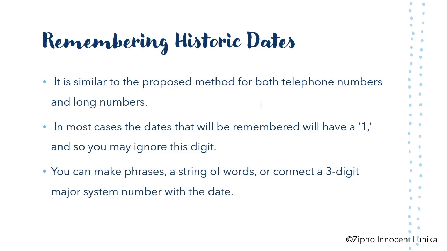So 1784, you may omit the 1, right? You can make phrases, a string of words, or connect 3-digit major system numbers to the dates. So these are some of the strategies you can employ to remember historic dates. And of course, you can link it with images that remind you of this event.